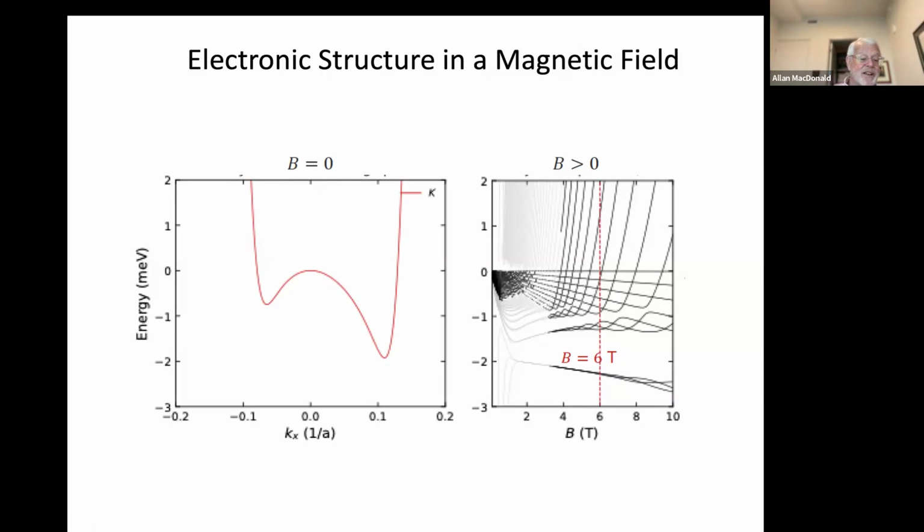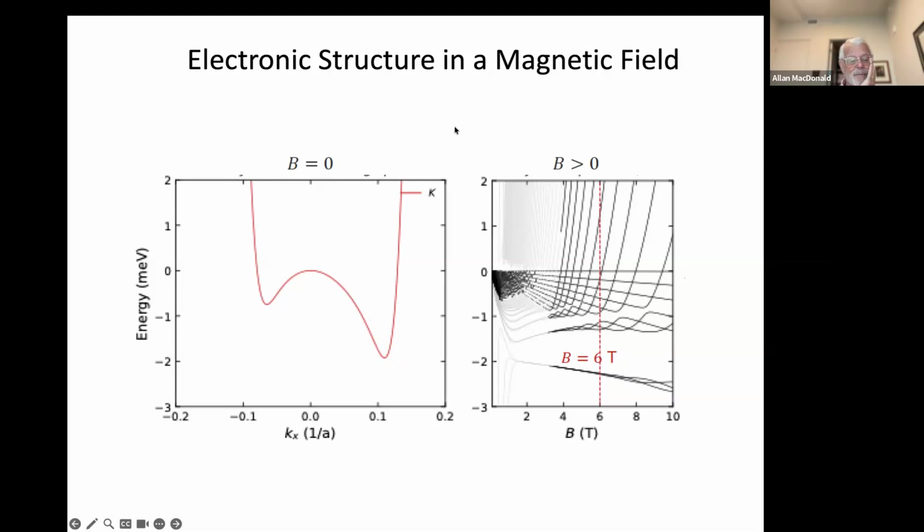And depending on the displacement field and the Fermi energy, you actually get separated little pockets in momentum space at very low densities, when the displacement field is large.